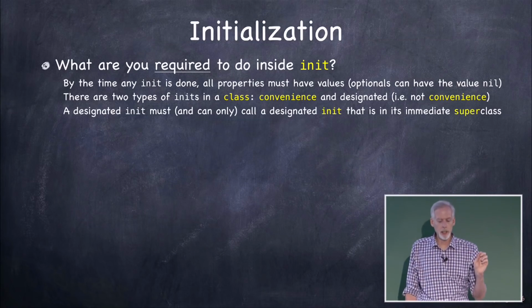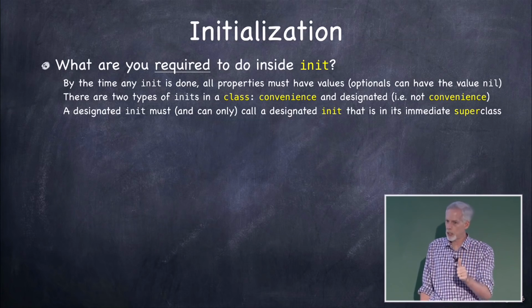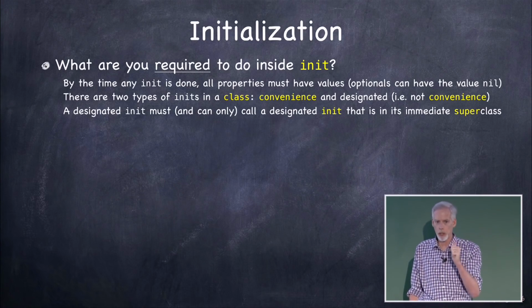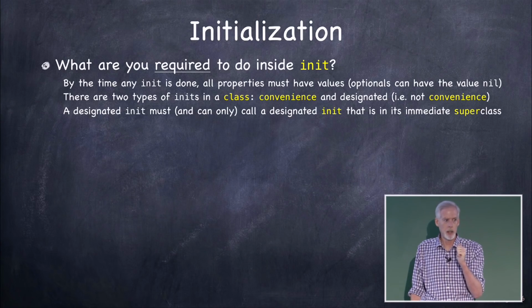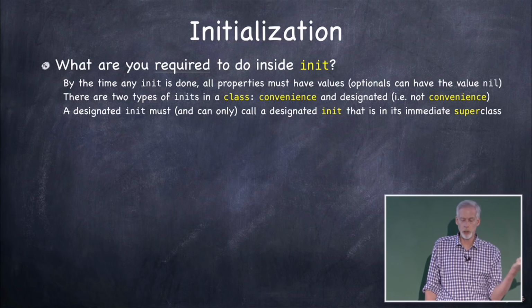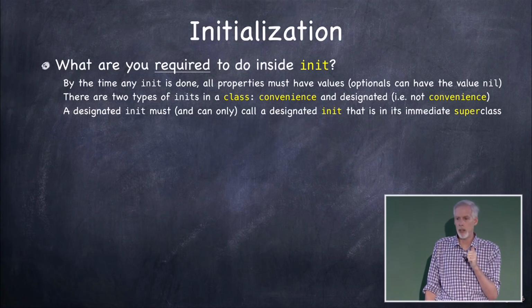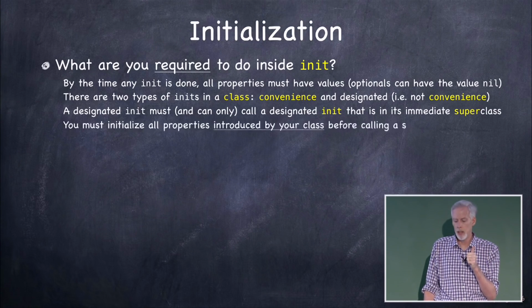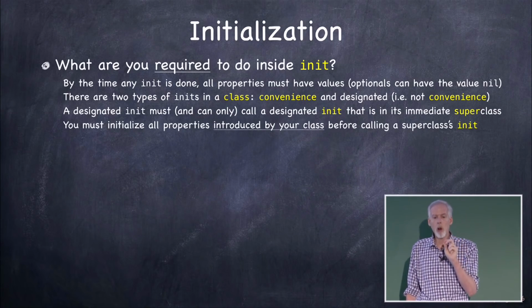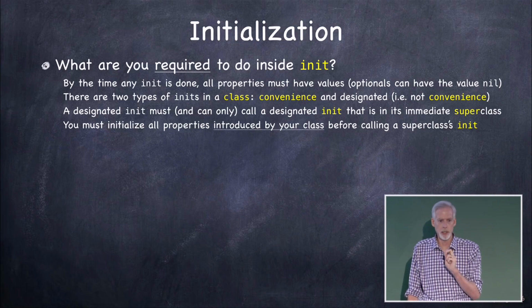A designated initializer must and can only call a designated initializer in its immediate superclass. Okay, so a designated initializer can't call a convenience initializer in its superclass, and it can't call a convenience initializer in its own class. It must call a superclass's designated initializer. You must initialize all the properties that you introduce in your class before calling a superclass's init.